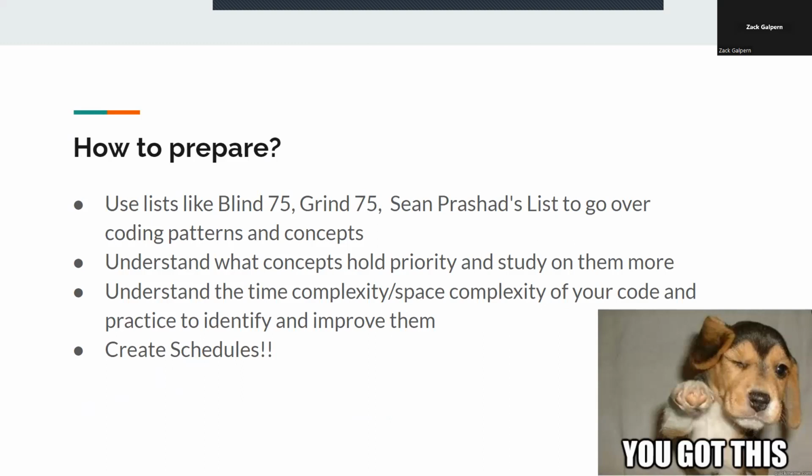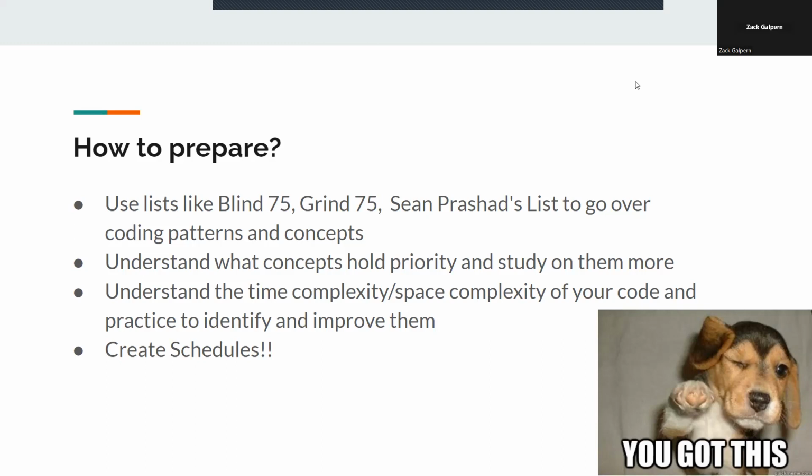These lists run through all of the different concepts and pick specific questions for you, so you don't have to look for which LeetCode questions are specific to that data structure concept.